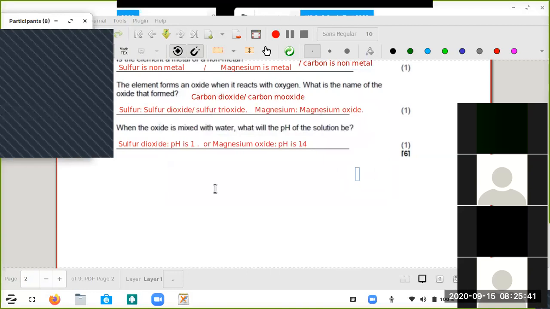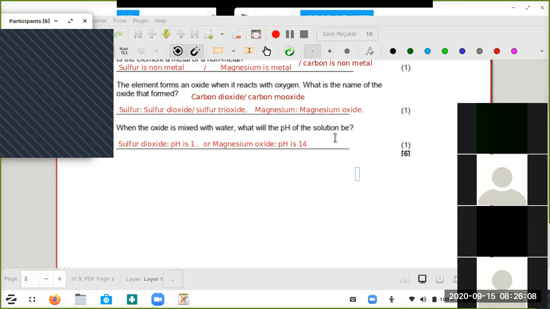So if it is magnesium, remember magnesium is a metal. When it reacts with oxygen, it forms a metal oxide, and metal oxides are bases or alkalines when mixed with water. So it will react with water and form an alkaline. That's for magnesium, so the pH there will be 14. That's a strong base.